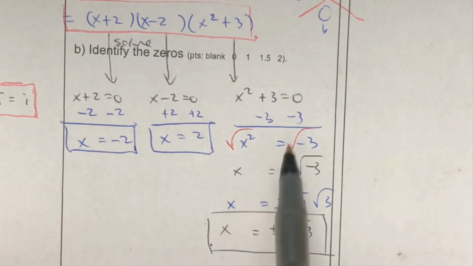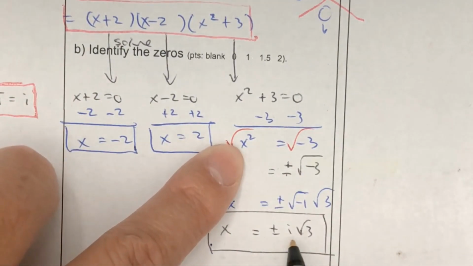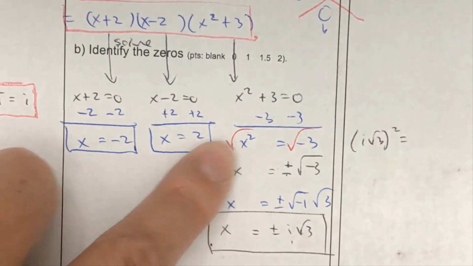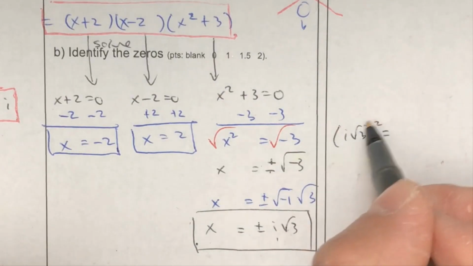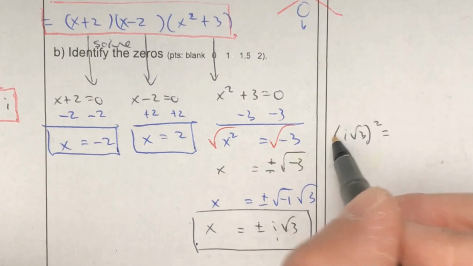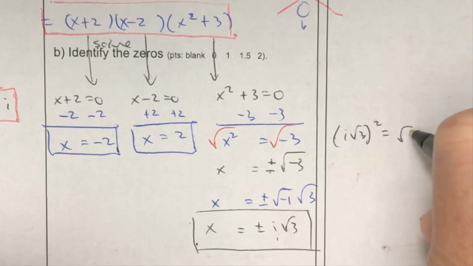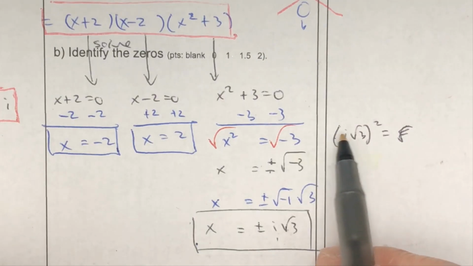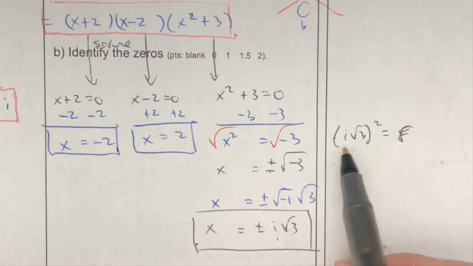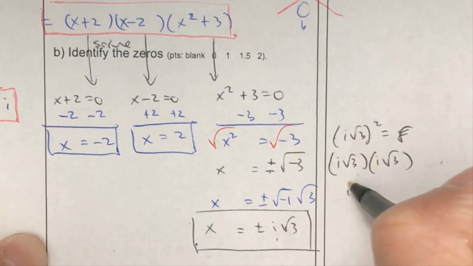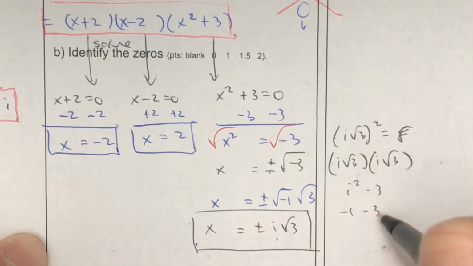Again, the reason why you have to write that plus or minus is because now if you take one of these, something like i radical 3 squared, i squared is -1. i radical 3 squared would just be i radical 3 times i radical 3, which is i squared times 3, which is -1 times 3, which is -3.